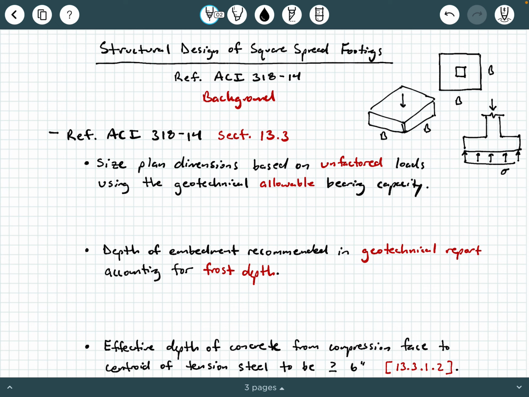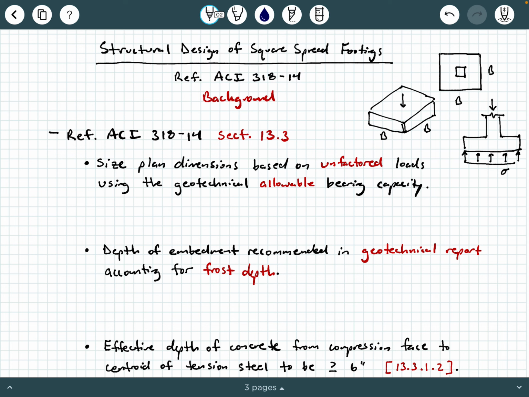So let's go ahead and get started. How do we size these plan dimensions? How do we get this B by B here? Well, this is going to be based on unfactored loads using the geotechnical allowable bearing capacity. So this step right here is more of a geotechnical step.